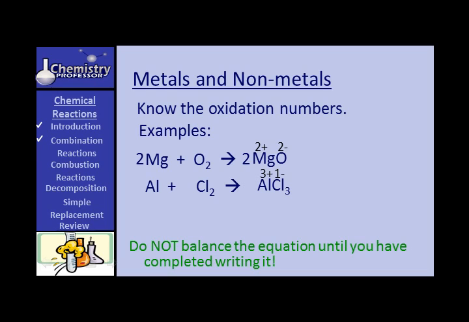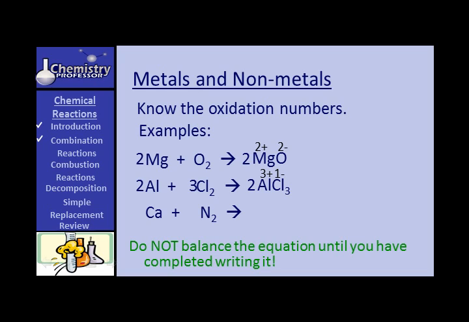But I have 3 chlorines on the right and 2 chlorines on the left. Oops. What's the least common multiple of 3 and 2? And the answer is 6. So I need to put a 3 in front of chlorine to make it 6 chlorines, and a 2 over here to make this 6 chlorines over here. Now chlorines are balanced, but we screwed up aluminum. So throw a 2 over on the left. And there you go.